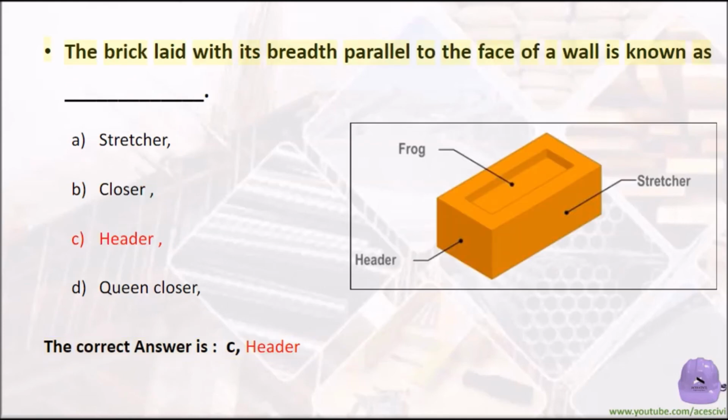The brick laid with its breadth parallel to the face of a wall is known as: A. Stretcher, B. Closer, C. Header, D. Queen closer. The correct answer is C. Header.